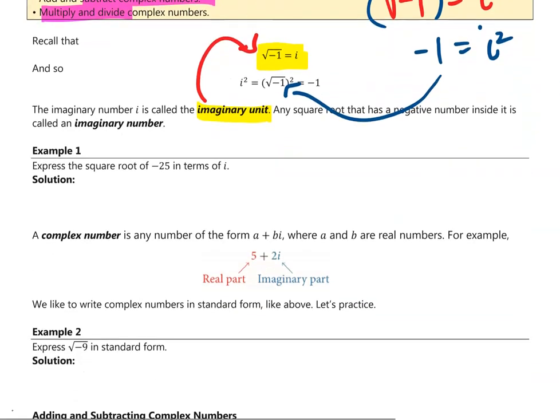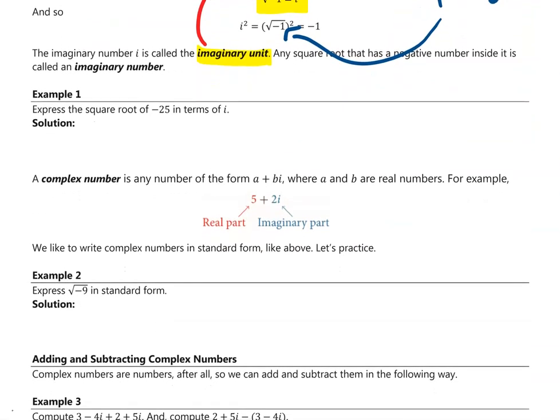Okay? Example number 1. Express the square root of negative 25 in terms of i.